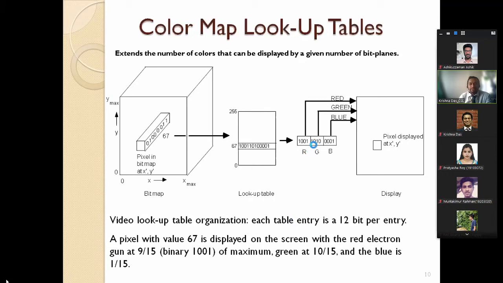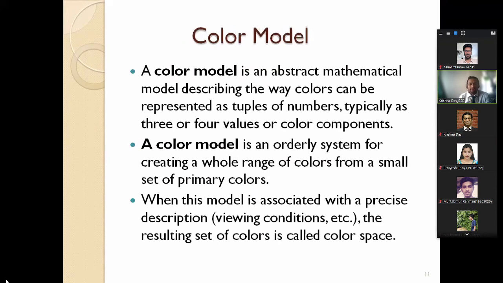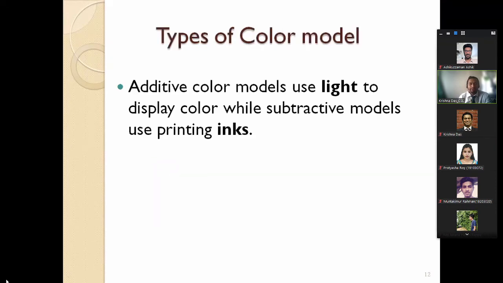Green has 10 by 15, and blue has 1 by 15. So that is the number we can get. So that pixel must have a value defined.